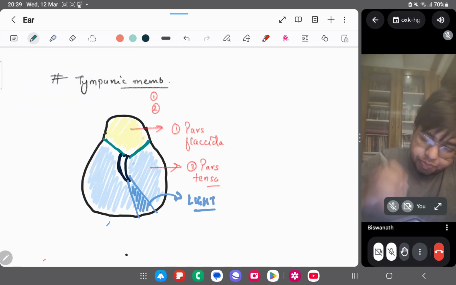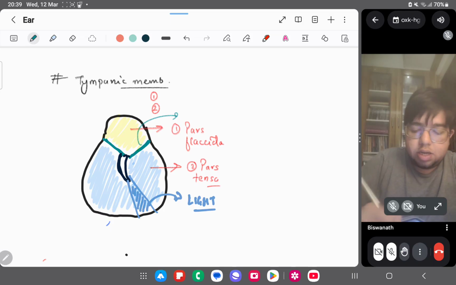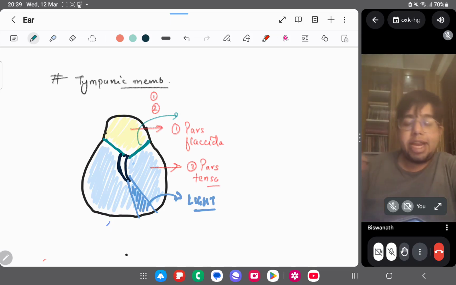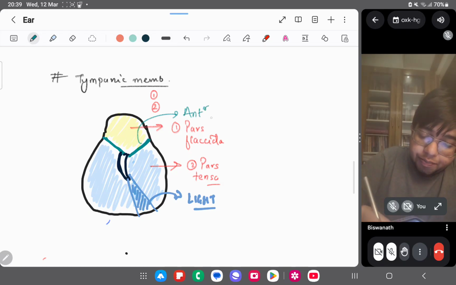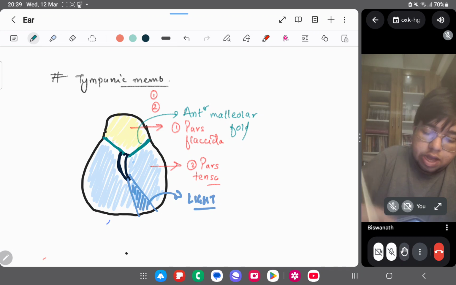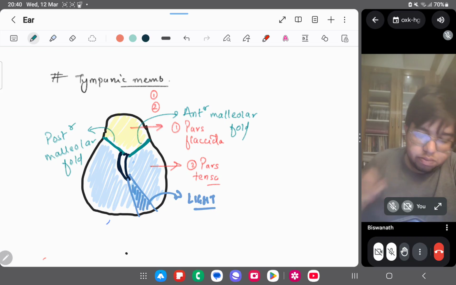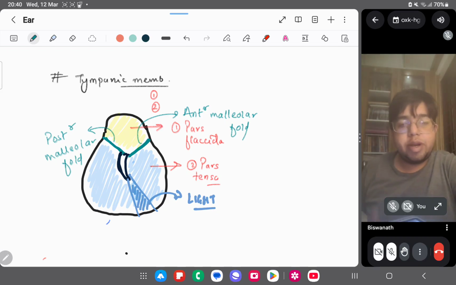This ligament is the anterior malleolar fold. And this part is the, can you guess? Yes, posterior. Very simple, right? Anterior malleolar fold, posterior malleolar fold.